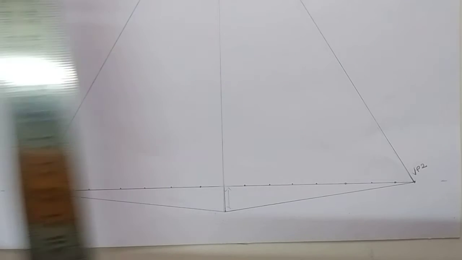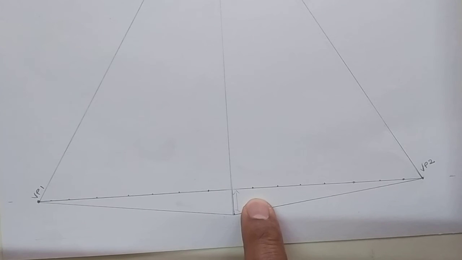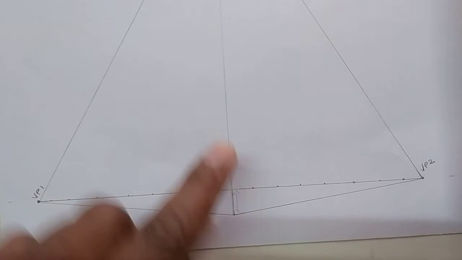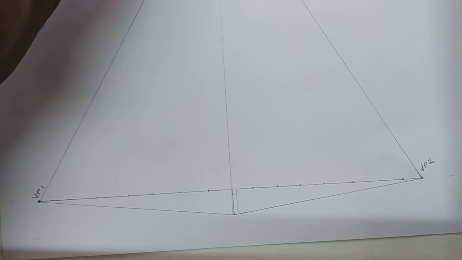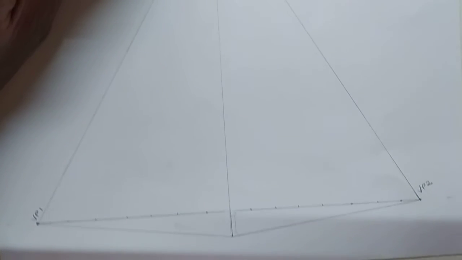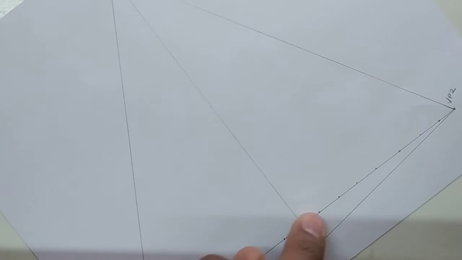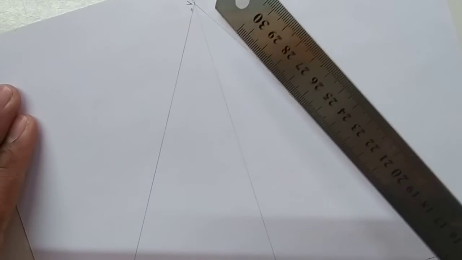So what I'll start doing now, the marks that I've put on the horizon, I'll start connecting them with the vanishing point that is on the vertical line, that is vanishing point number 3. So the marks that I have on the horizon will be connected with vanishing point number 3 by drawing a line.